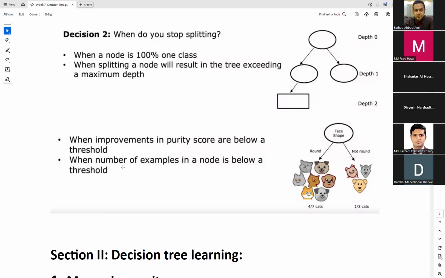The fourth one, when the number of examples in a node is below a threshold. For example, on this branch, you see that we have just 3 animals. Let's say at first you have 1,000 animals, and right now at this point you have just 3 animals. It is below, for example, a threshold where you say that after I get down to 10 animals, I need to stop the decision tree. Most of them are in the left class.